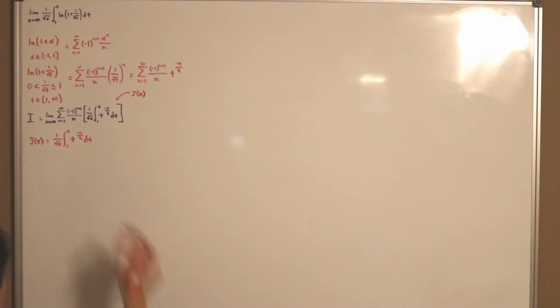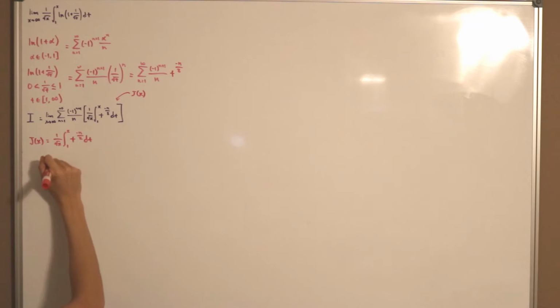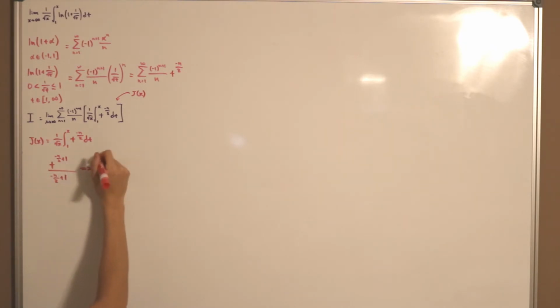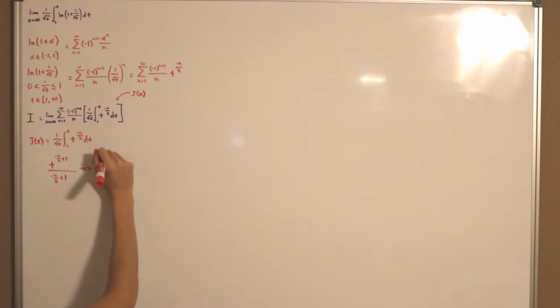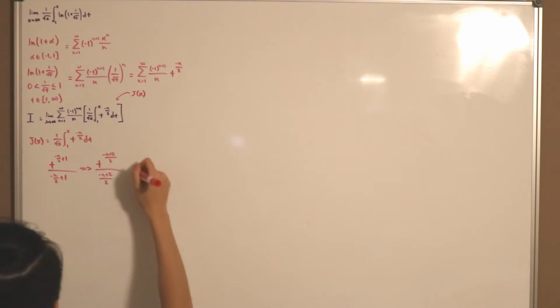We're taking this with respect to t. So now we have t to the -n over 2 plus 1, divided by -n over 2 plus 1. That can be rewritten as t to the -n plus 2 divided by 2, divided by the same thing, and since it's division, I just flip to its reciprocal.